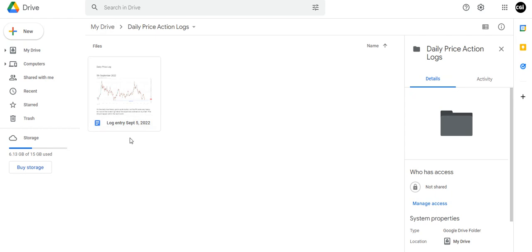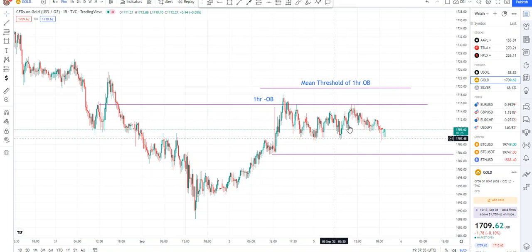So you keep on making your log entry for different days of the week. You can also group it under different months as well, depending on how organized you are. All right. So you keep doing this. At the end of the week, at the end of the month, you go back, read all your action logs, look at what changed. This is how you learn by watching what the market is doing and how the market is printing price. Do it every single day. Don't focus on making money.